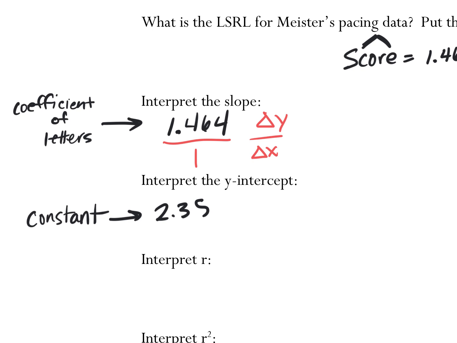Instead of saying change in y, because I'm going to have to interpret this in context, I'm going to call that the change in score over the change in letters. Do you see how we got to here? If you can get to here, the interpretation's not so bad.